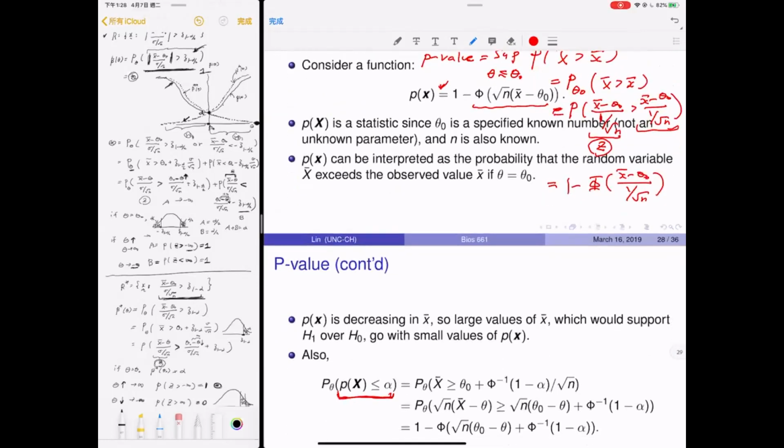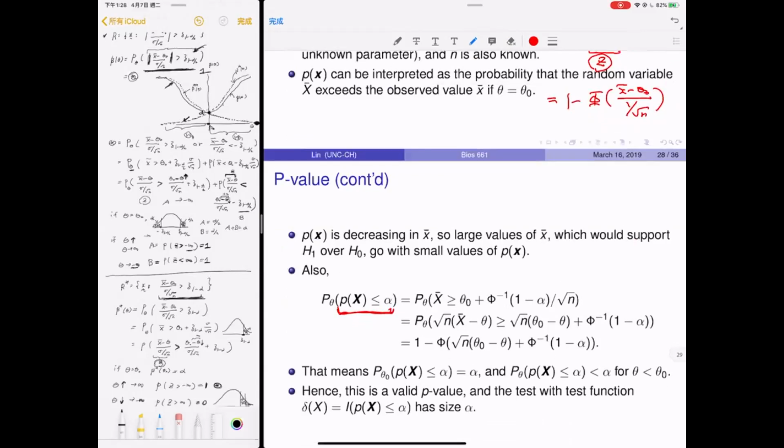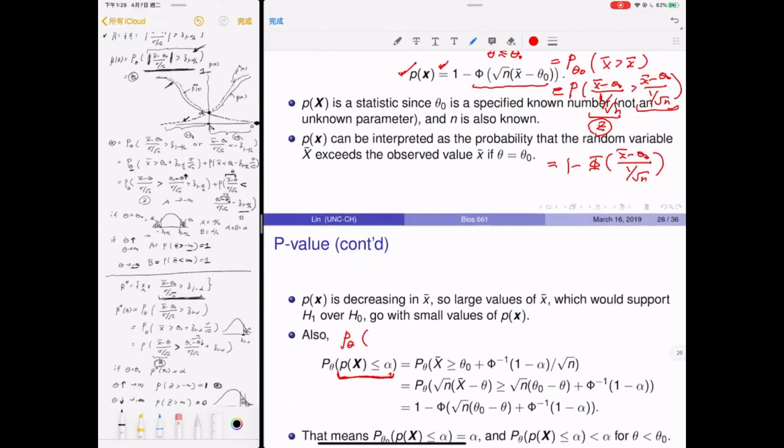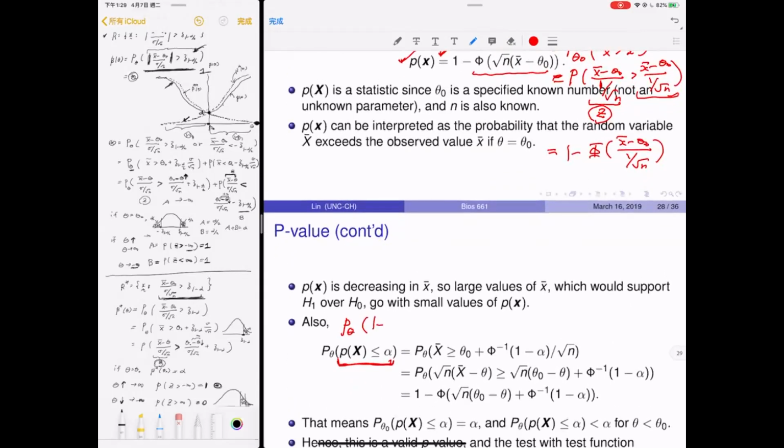That means I need to show that the probability under theta that my p-value, which is 1 minus the CDF of square root n times x bar minus theta 0, is smaller than alpha, becomes smaller than alpha right here. It's my target. It's not really hard to show that.